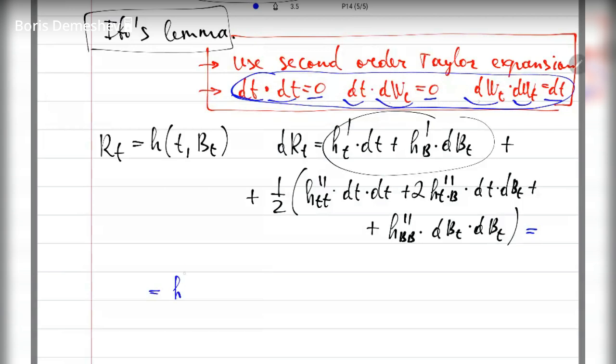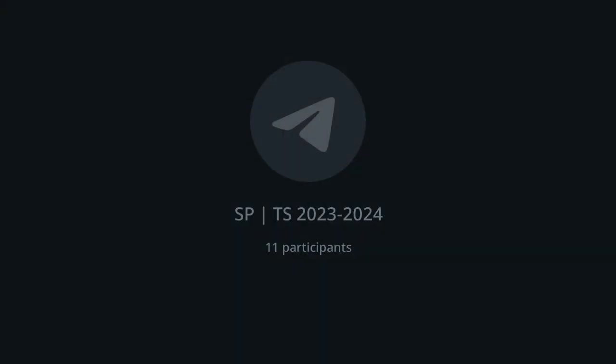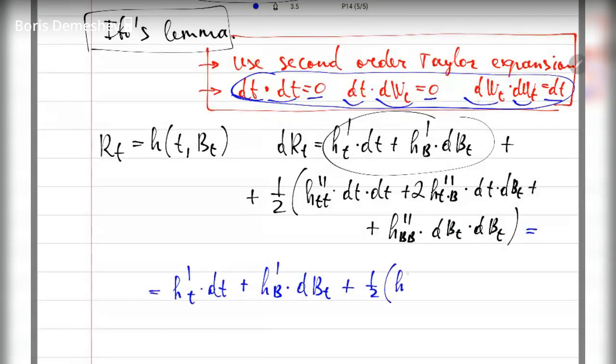I will get h prime with respect to t times dt plus h prime with respect to b times dBt plus one half h double prime with respect to t times 0 plus twice h double prime with respect to b and t times 0. I use the mnemonic rule that dt times anything is 0.